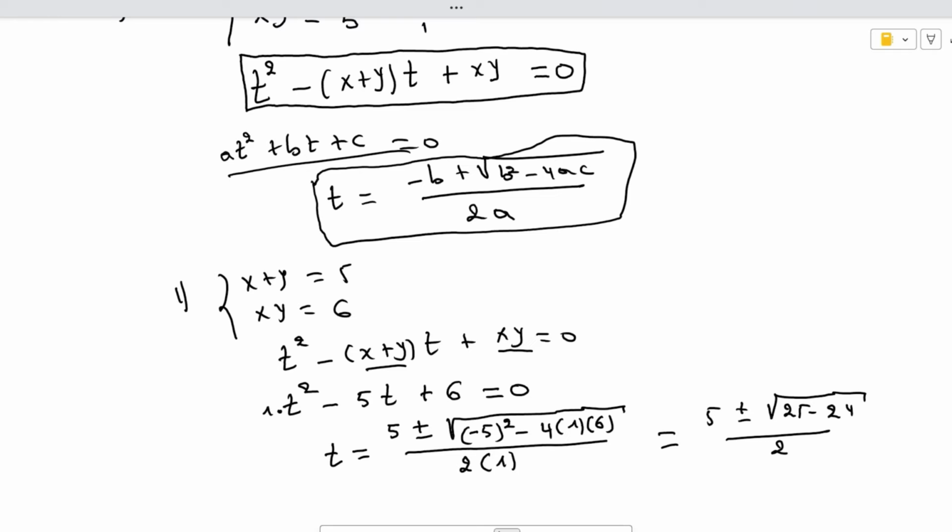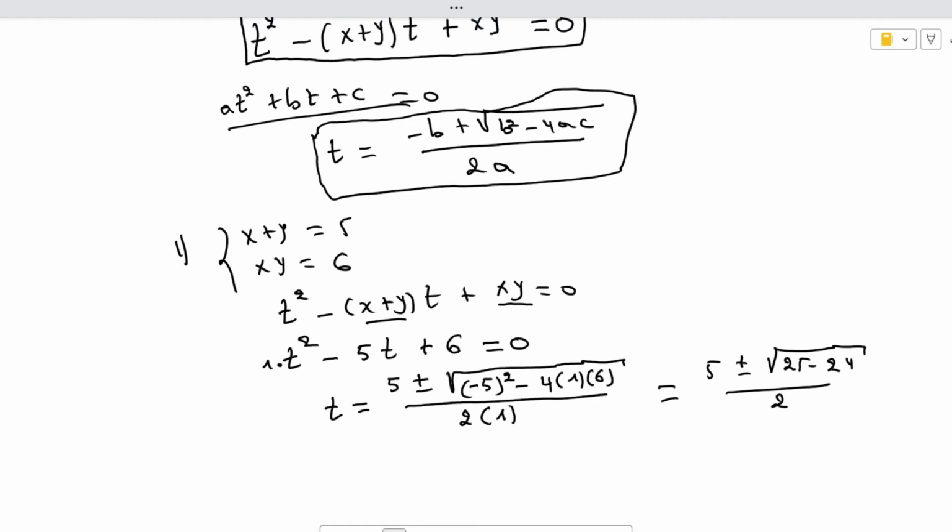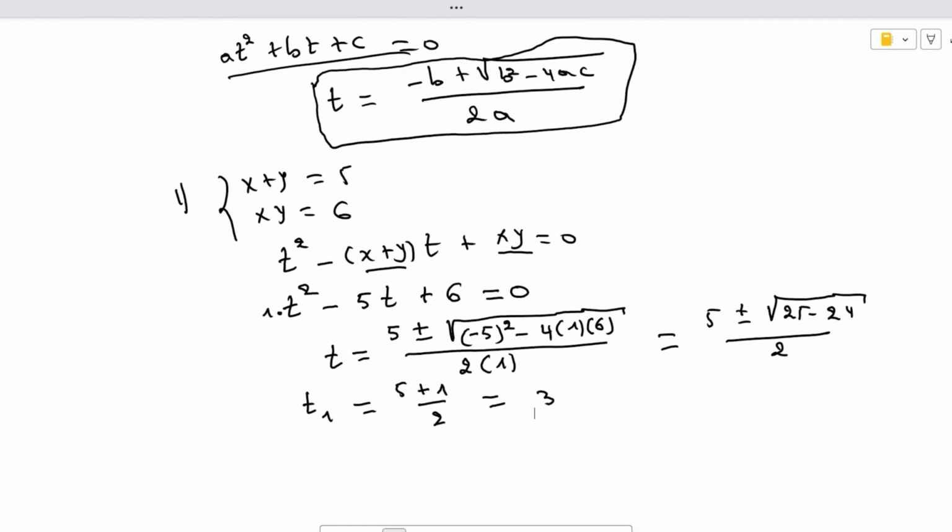Finally we get two values of t. We get t1 equal to 5 plus the square root of 25 minus 24, which is 1, the square root of 1 is 1, so plus 1 over 2, which results in 3. The other root is t2, equal to 5 minus 1 over 2, which is 4 over 2, equal to 2.